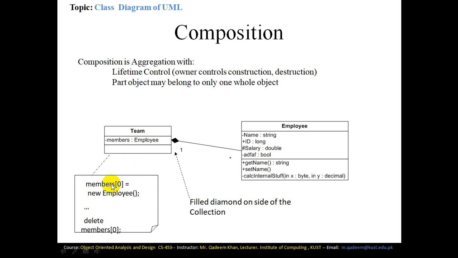Here we will define member 0 as a new employee, so it will define one instance of the member of the employee, and delete member 0. Similarly, delete means we can delete particular members. So that means the lifetime is important here. Once member 0 is deleted, we cannot access that employee class here.